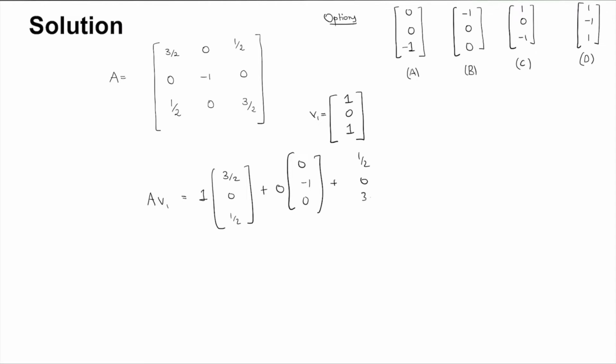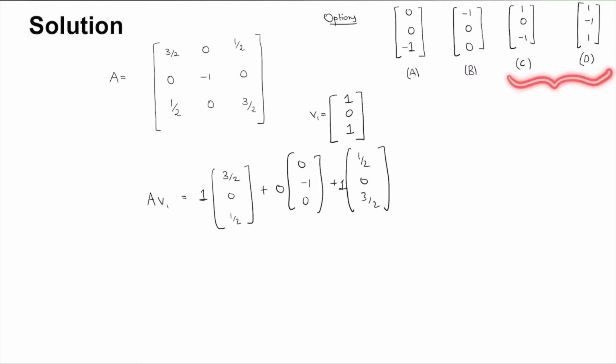Since the second element is a 0, this adds nothing. So the clue is for us to look at the first and third columns. And as you can see, the structure is one of permuted symmetry. If I were to add 3 by 2 and half, it's the same as adding half and 3 by 2.